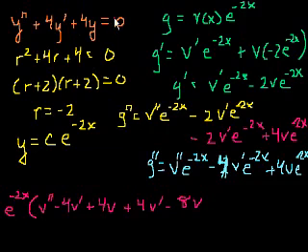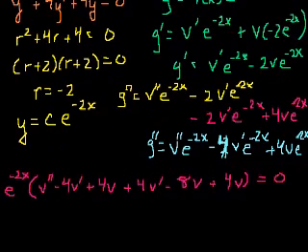Plus 4 times y, so plus 4 times v, where we factored out the e to the minus 2x. I did that because if I didn't, I'd be writing e to the minus 2x, and I'd probably make a careless mistake, and I'd run out of space, etc. But anyway, to get this, I just substituted the second derivative, the first derivative, and g back into the differential equation, and we know that that has to equal 0.